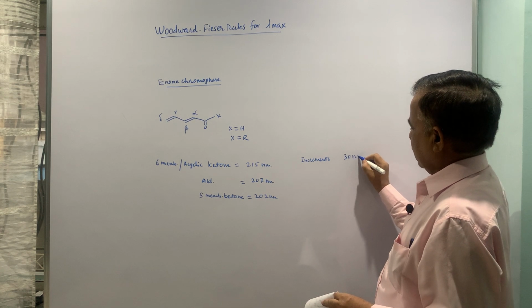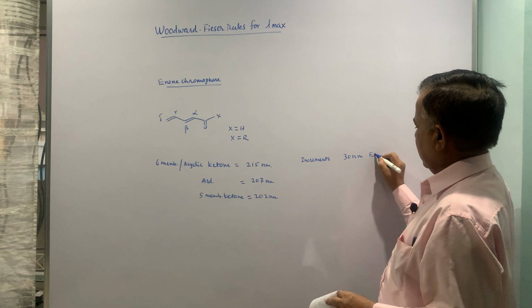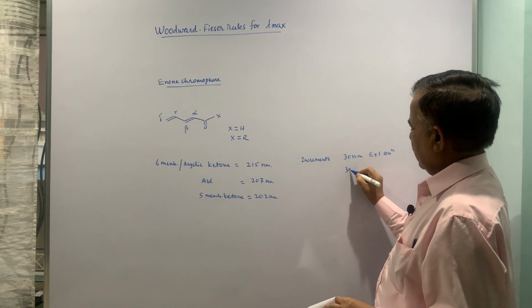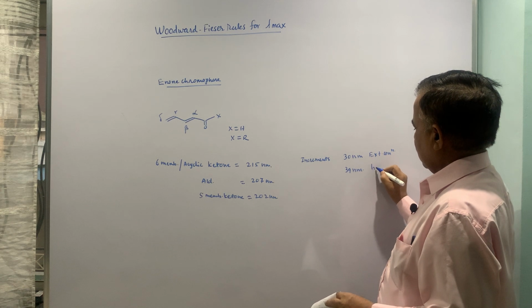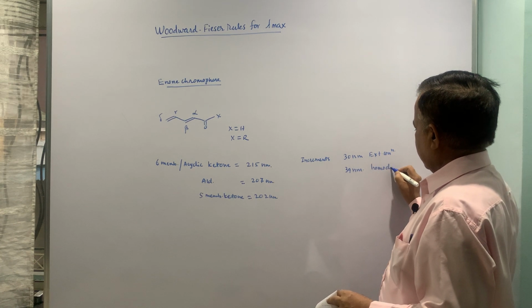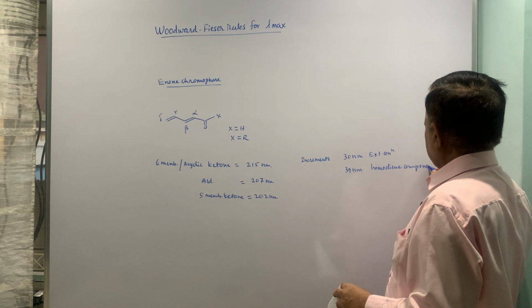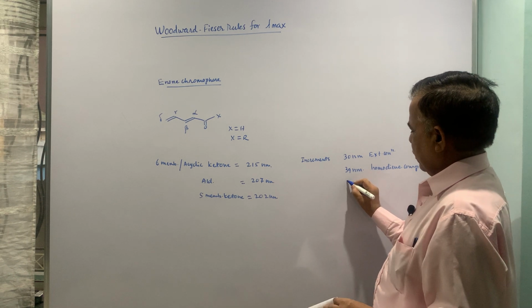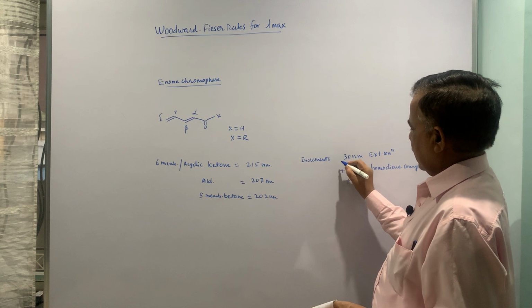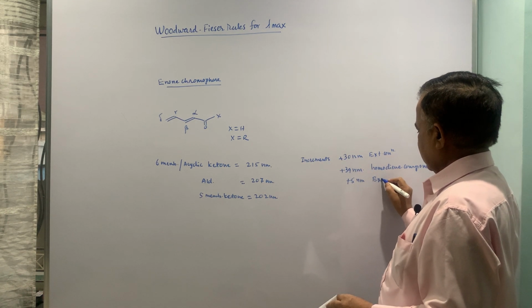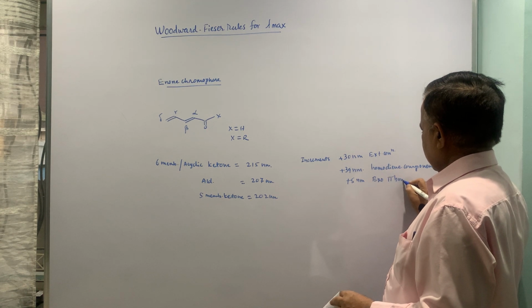30 extended conjugation, 39 homodiene component. We'll see all these things with the example. Plus 5, these are increments, they are all exocyclic pi bond.